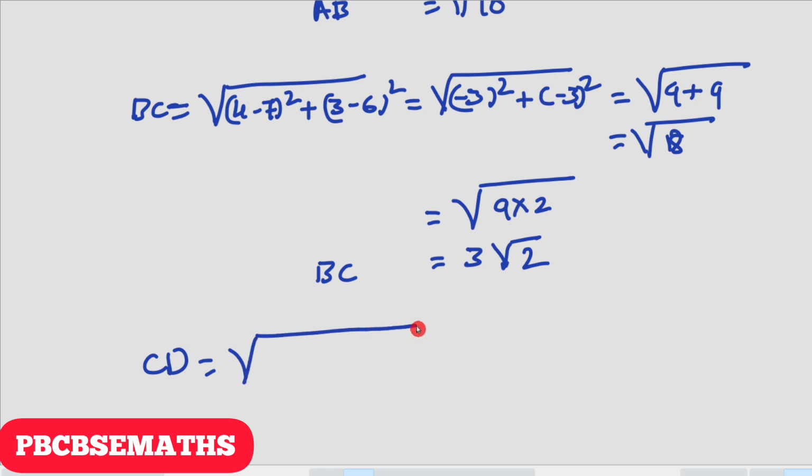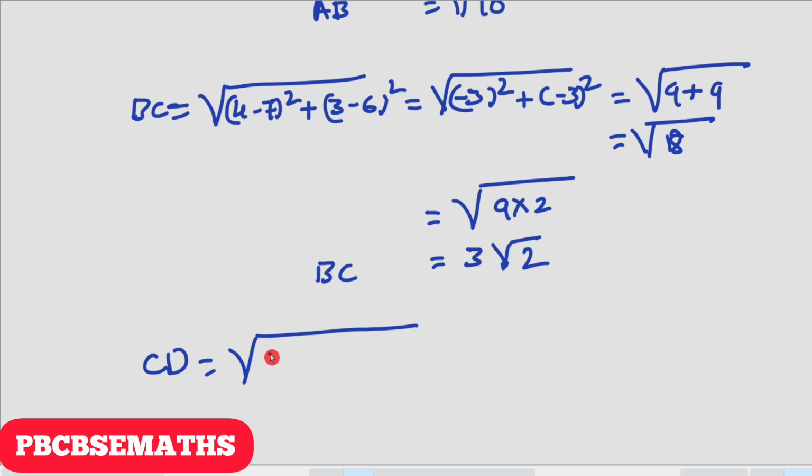Now let's find the value of CD, which is equal to square root of, the coordinates of point C are (4, 3) and the coordinates of point D are (1, 2). Consider D as x2, y2 and C as x1, y1.